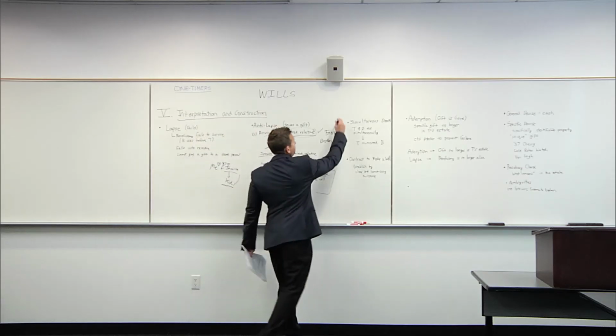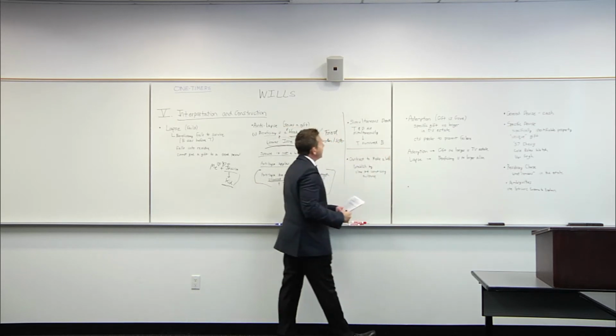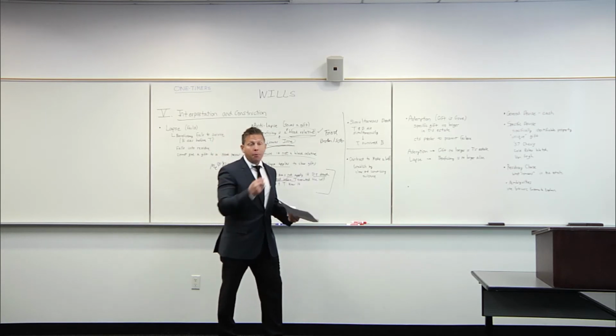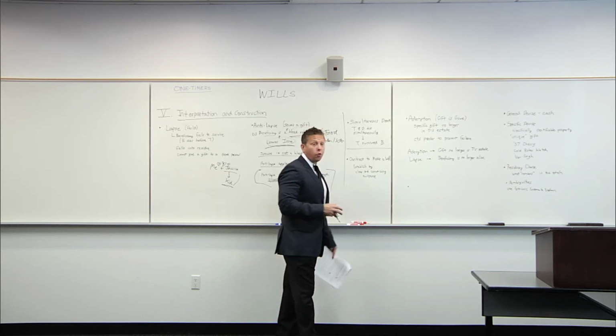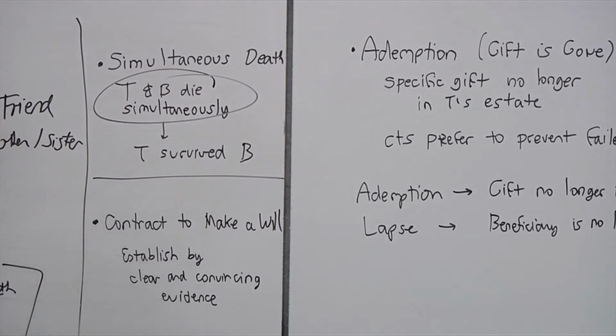Okay, moving along. Simultaneous death. That's when the testator is there with, let's say, I'm with my buddy Adam and we're in my sports car and we're driving really fast and we get in an accident and we die simultaneously.